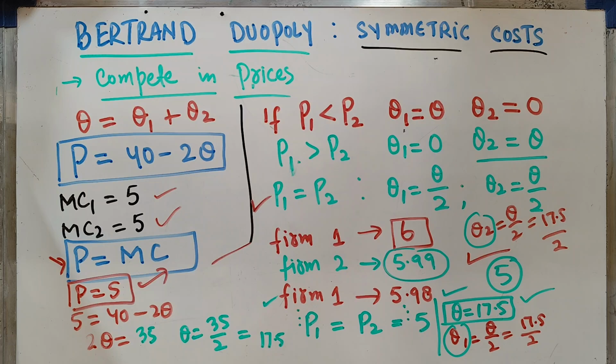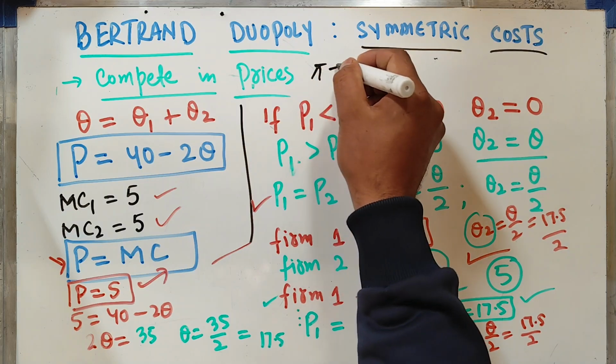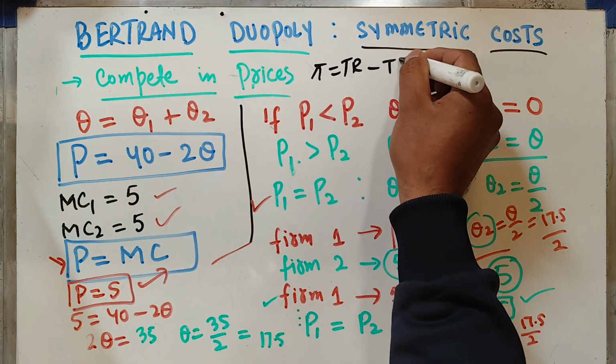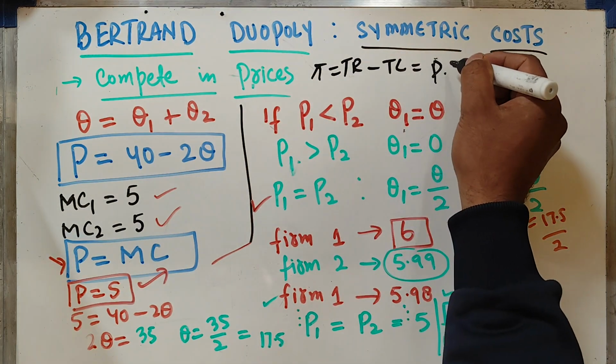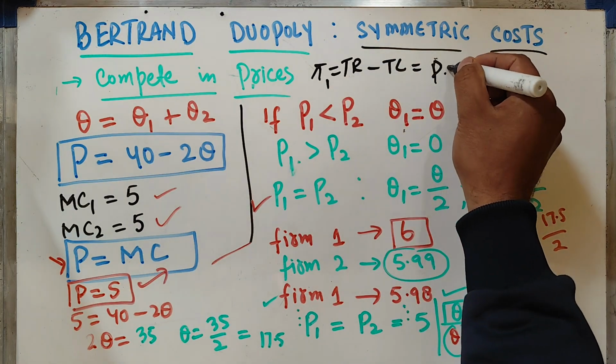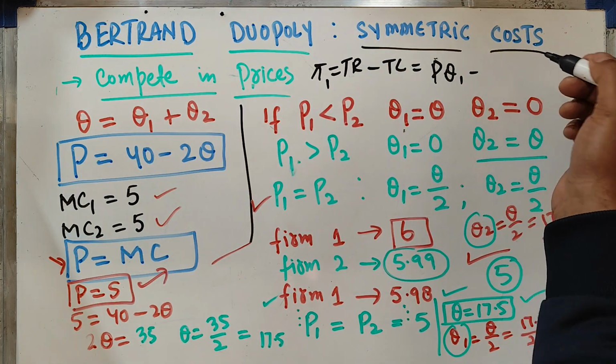Similarly, we can find the profit. Profit equals total revenue minus total cost. Profit of firm 1 equals P times Q1 minus total cost.